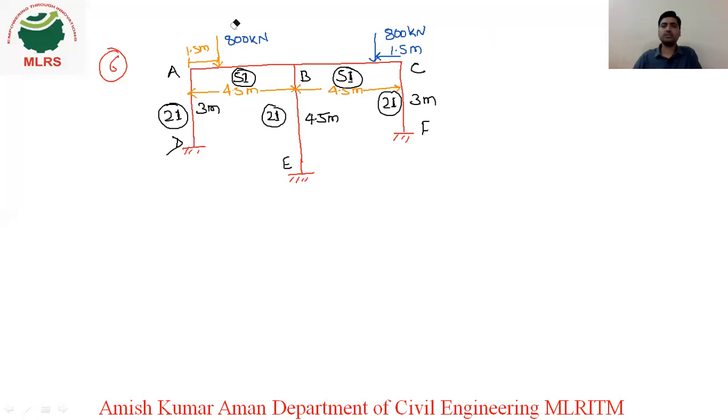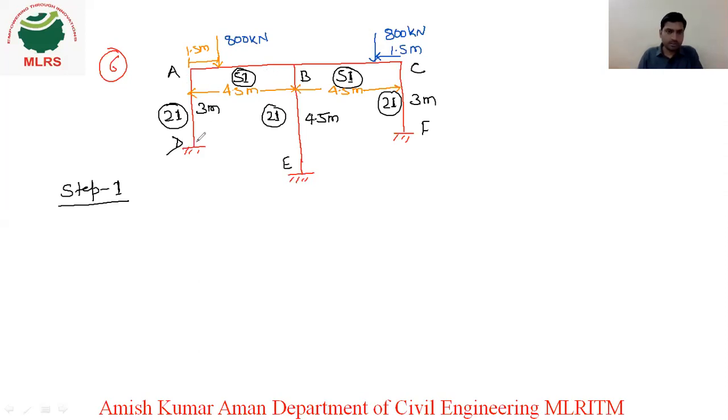If this is a non-sway frame, what is the first step? The first step is calculation of fixed end moments. So we will go for step 1. First we will calculate for span AB.